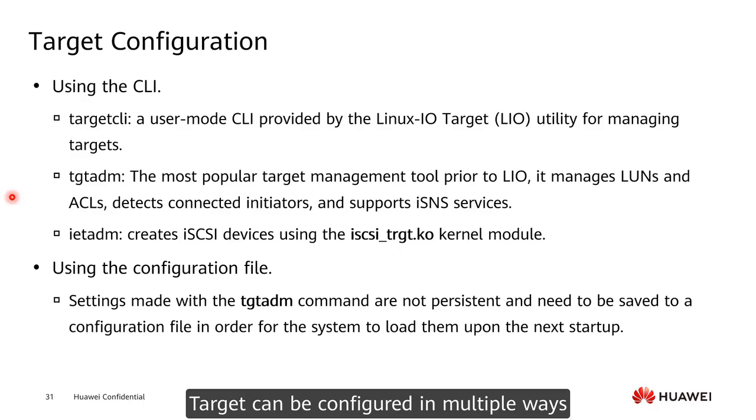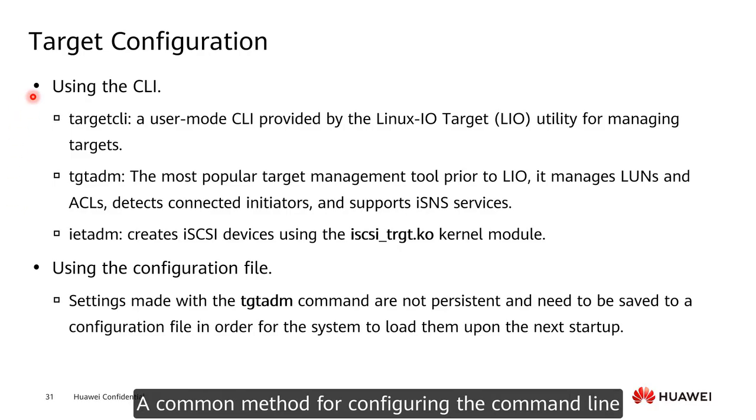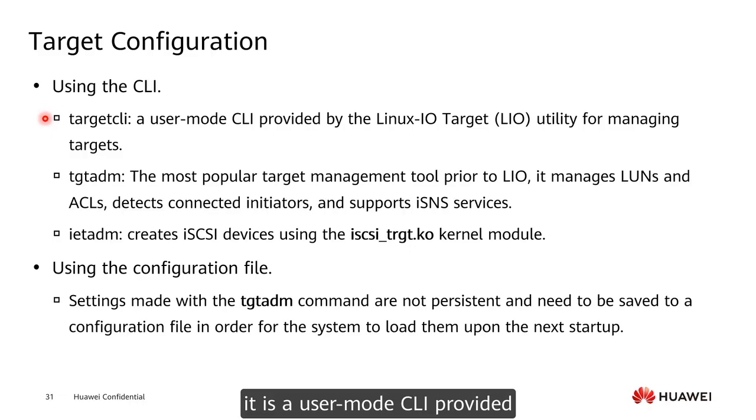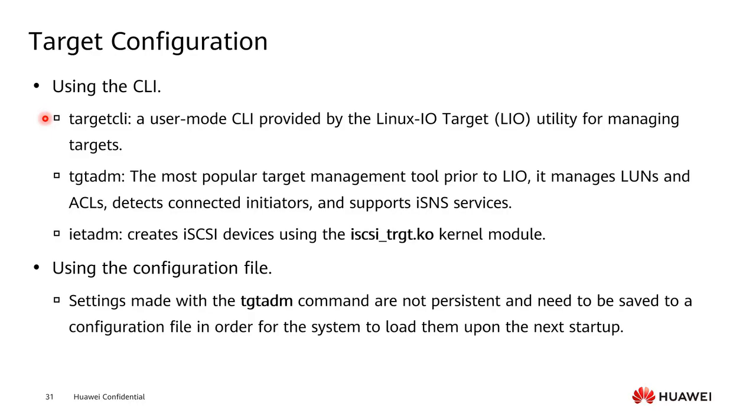The target can be configured in multiple ways. A common method is to use a command line tool to simplify operations. First, targetcli, a user mode CLI provided by the Linux IO target utility for managing targets.